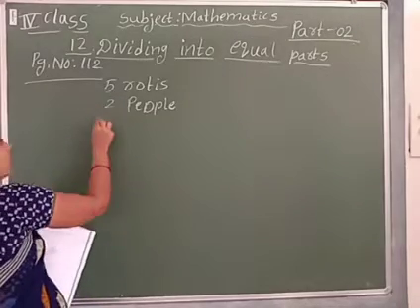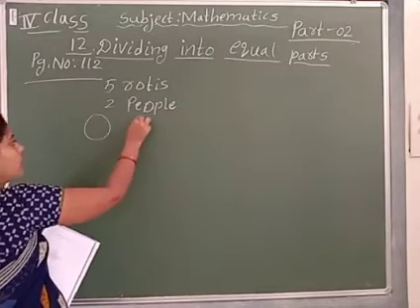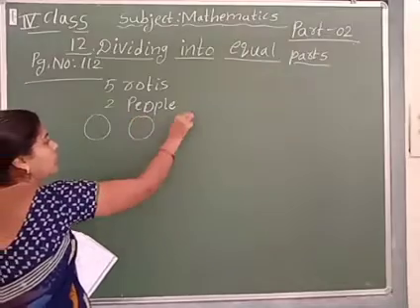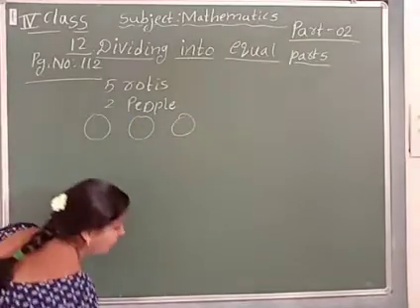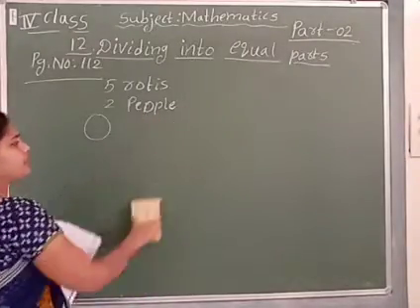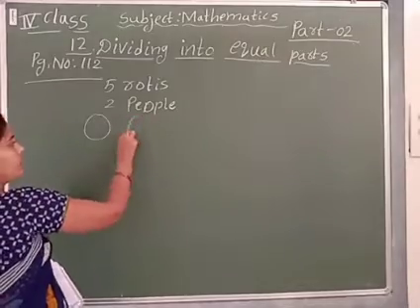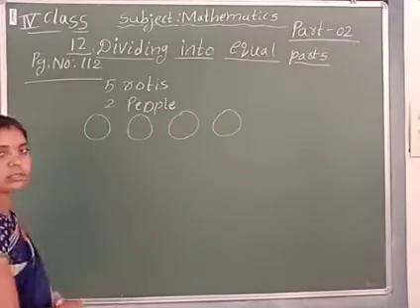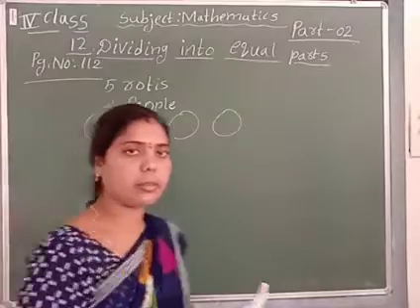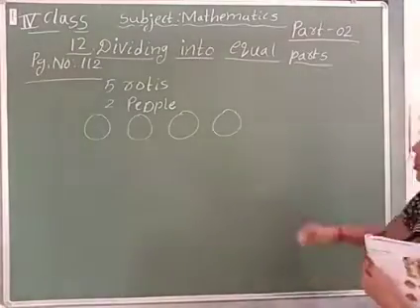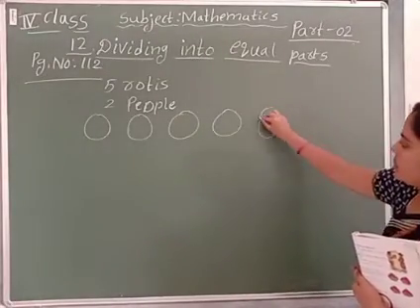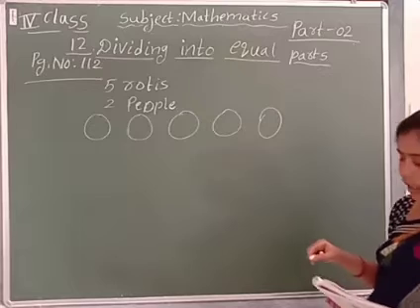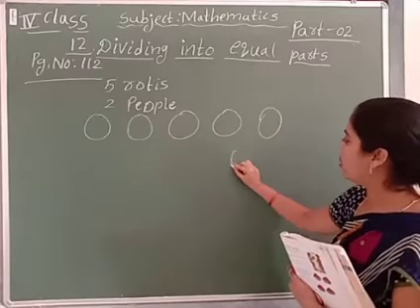See here, 1, 2, 3, in your textbook, children, like this, 4 and 5. So 5 rotis for 2 people.